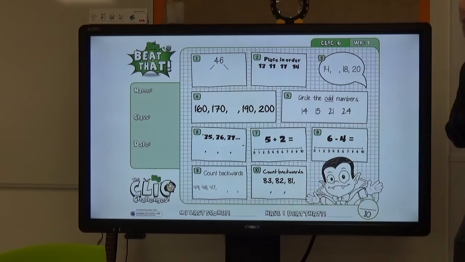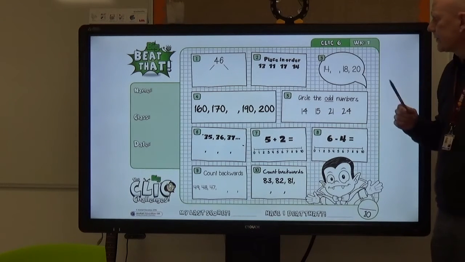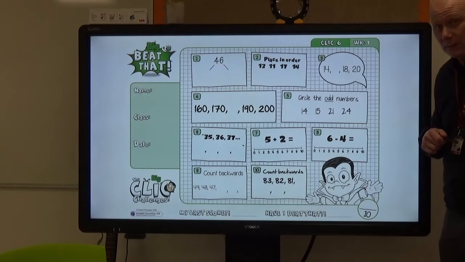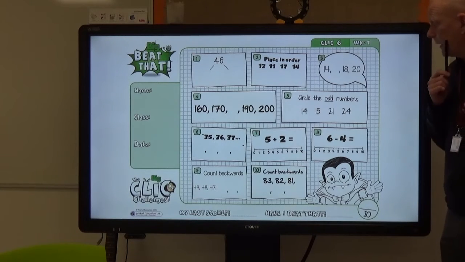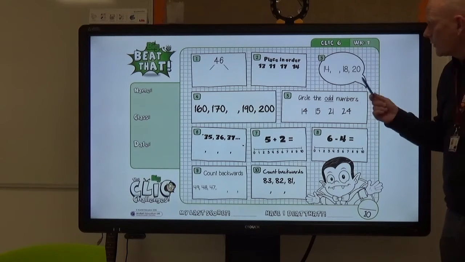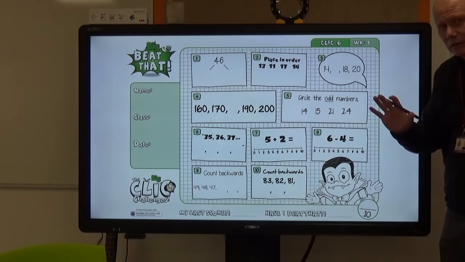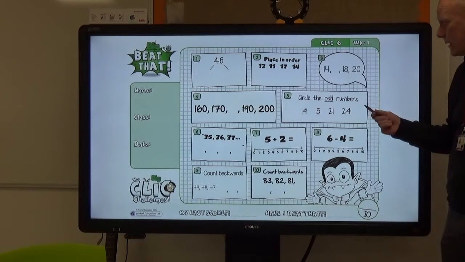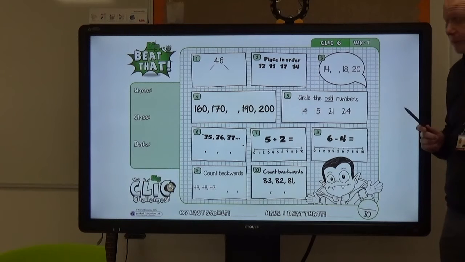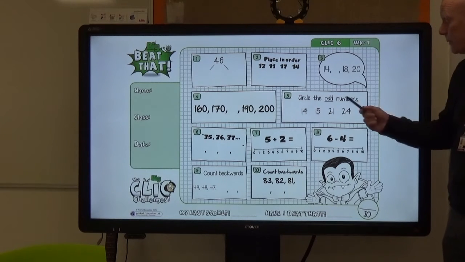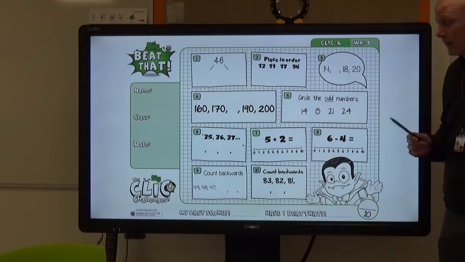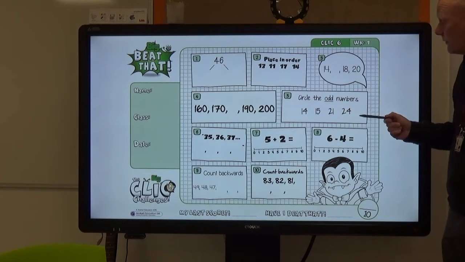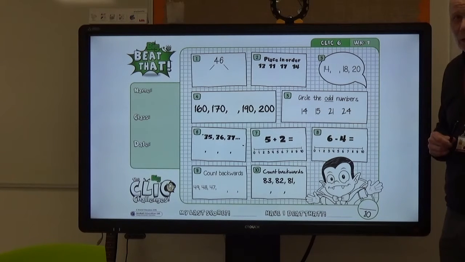Now, question number 5 is looking at odd and even numbers. Okay? Now, odd and even numbers, if you haven't done this before, I'm sure your grown-ups can help you with this, but the idea is that they should be able to pick out the odd numbers this time. So it's asking you to find odd numbers. There's usually 2 to find. So these numbers are either odd or even, but you've only got to write down the 2 odd numbers.